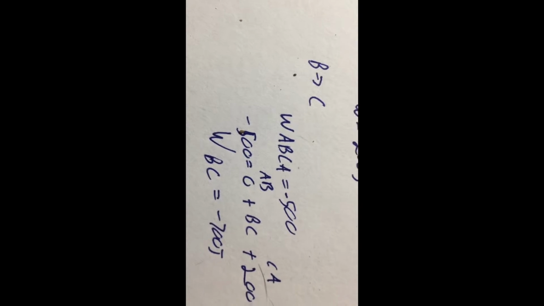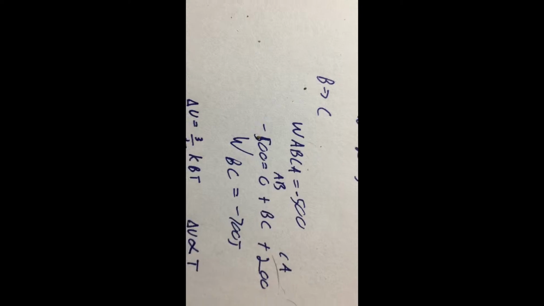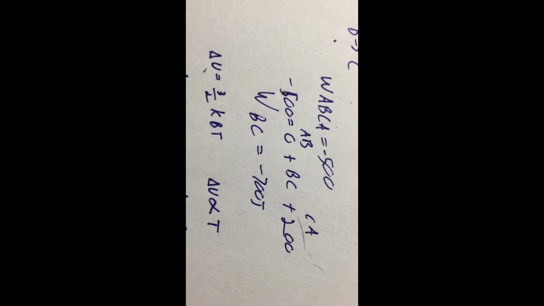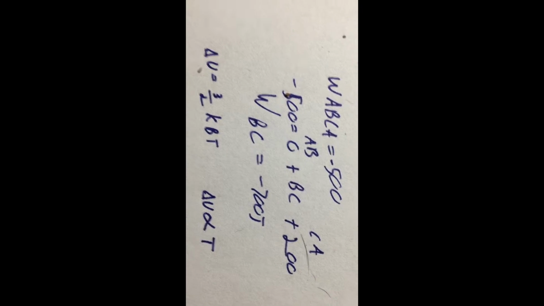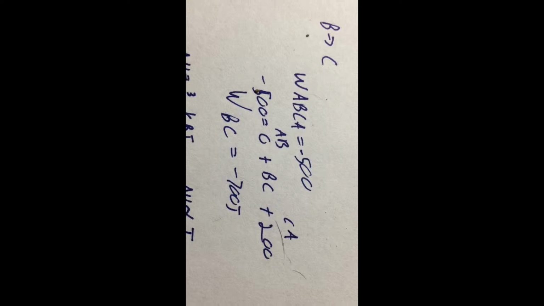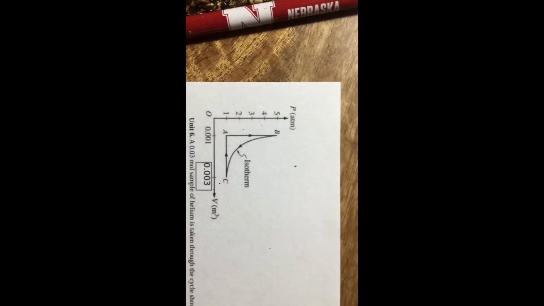For B to C, you know that the entire work of the whole cycle is negative 500 joules, because that is given up here. You also know what the work done from A to B is. It's 0 because the volume does not change at all, so delta V is 0.